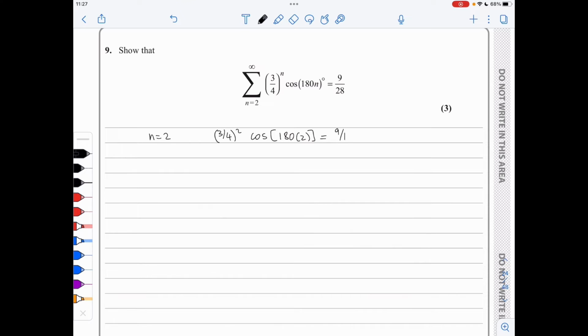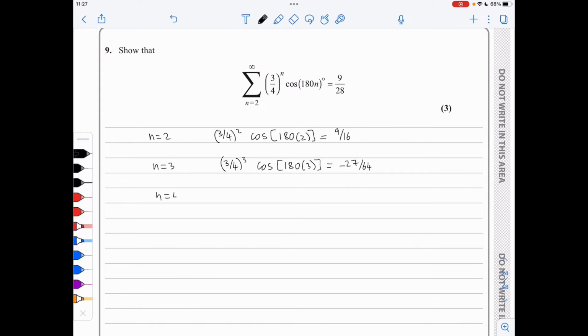When n is 3, we get 3 over 4 cubed times cos of 180 times 3, which is minus 27 over 64.